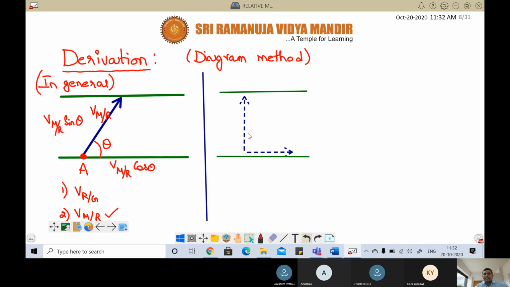His effort in the x direction is VMR cos theta, and this is VMR sin theta. Let us say the width of the river is d. Now I will take this quantity: the velocity of river with respect to ground, which is generally in the x direction.